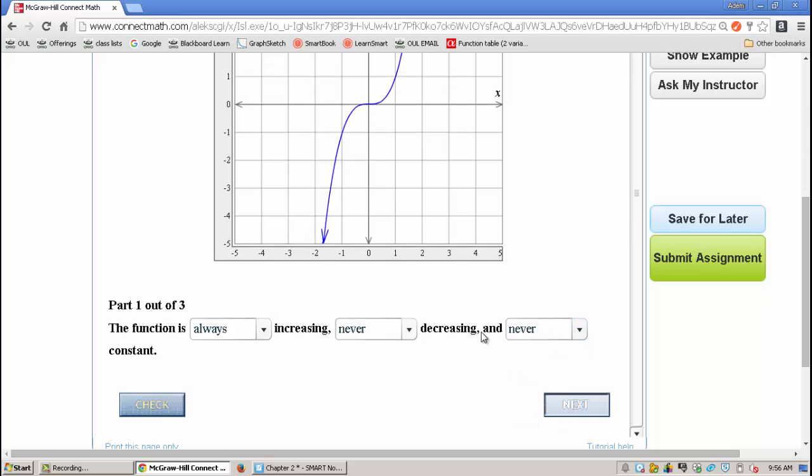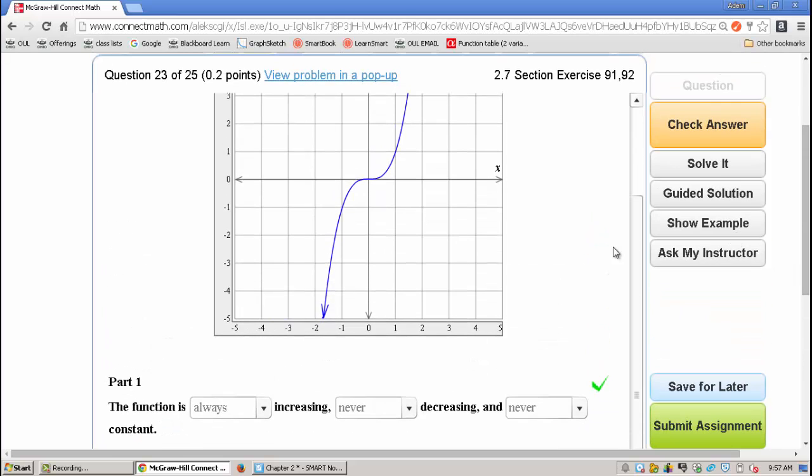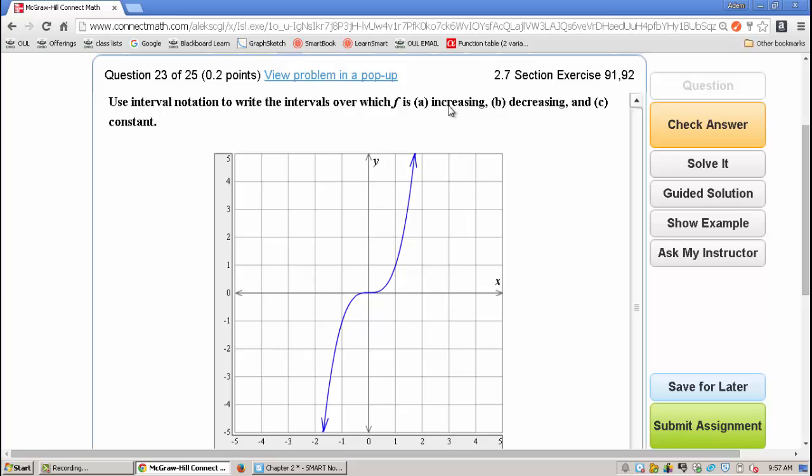Okay, so if it's always increasing, what interval do you think it's increasing? Yeah, all the way left to right. Because this arrow is going left and down, it's going to fill up all the space on the left when you smash it towards the x-axis. And this arrow is going right and up, so it's going to fill up all this space eventually, slowly but eventually.